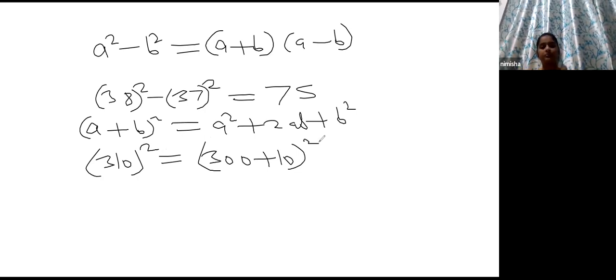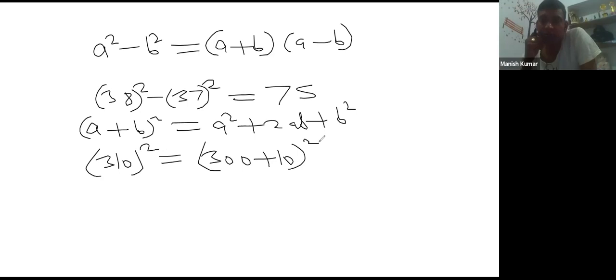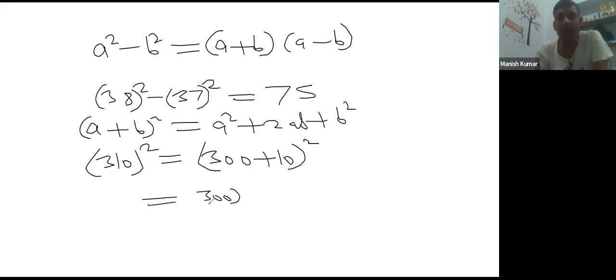So why are we writing it this way? Because it is the easiest way to do it. Because we can square 300, we can square 10, isn't it? So it will make our solution simpler. Now we can write a square plus b square plus 2ab, meaning 2 into 300 into 10.